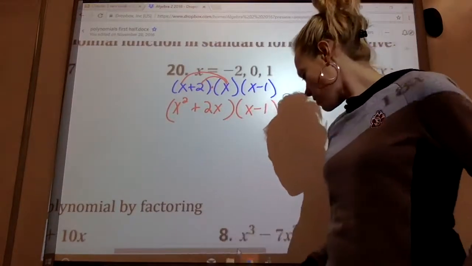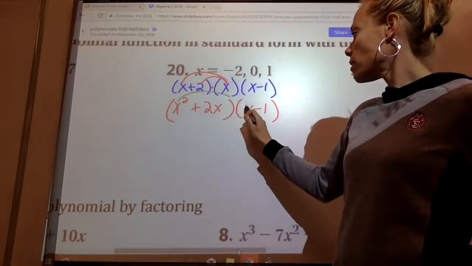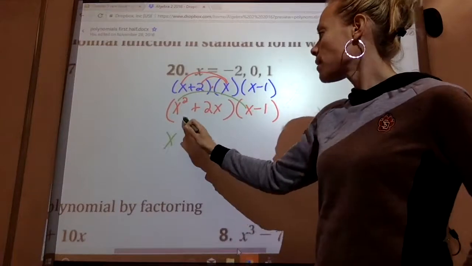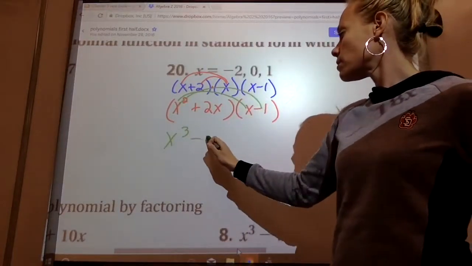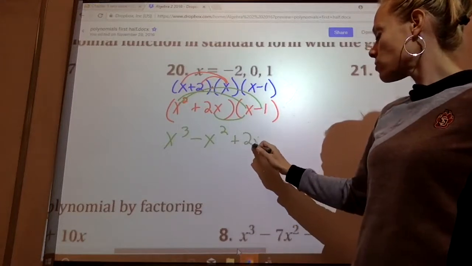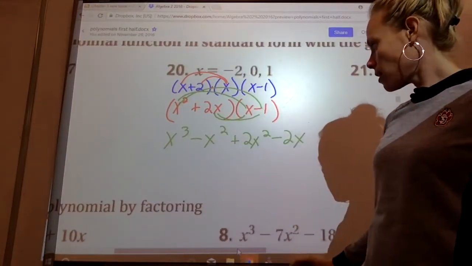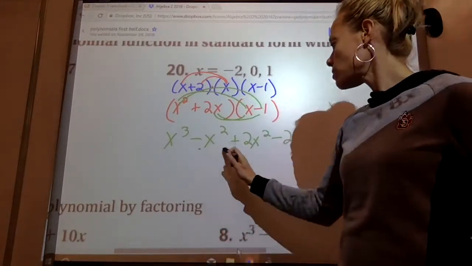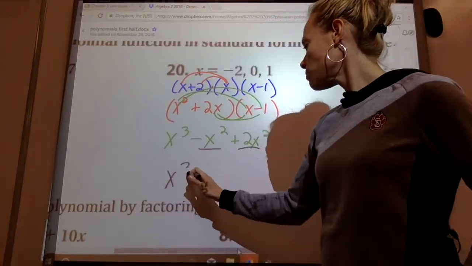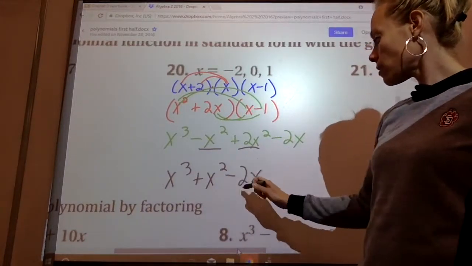So this time, instead of a table, I can actually just finish off with a FOIL. x squared times x is x cubed. x squared times negative 1 is negative x squared. 2x times x is 2x squared. 2x times negative 1 is negative 2x. And then I have like terms. So x cubed plus x squared minus 2x.